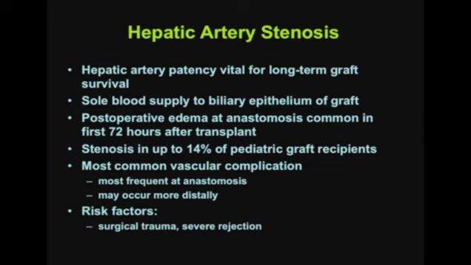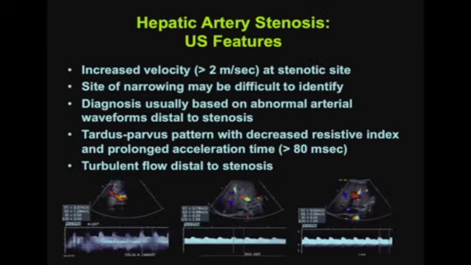And stenoses have been reported as occurring in up to about 14% of pediatric graft recipients. It is believed to be the most common vascular complication, most frequently occurring at the anastomosis, although it can occur more distally. And risk factors include trauma at the time of surgery and severe rejection.